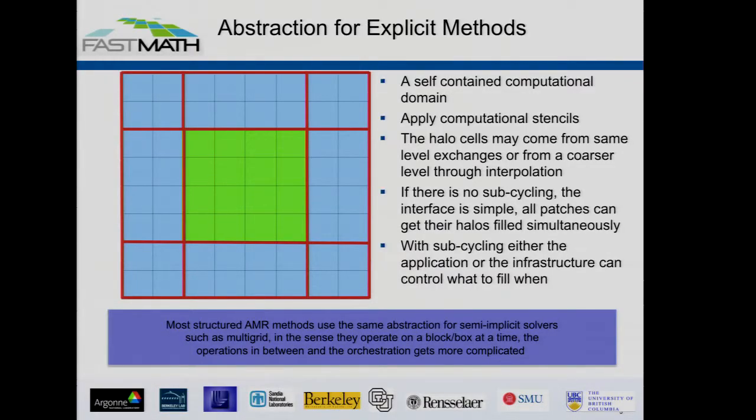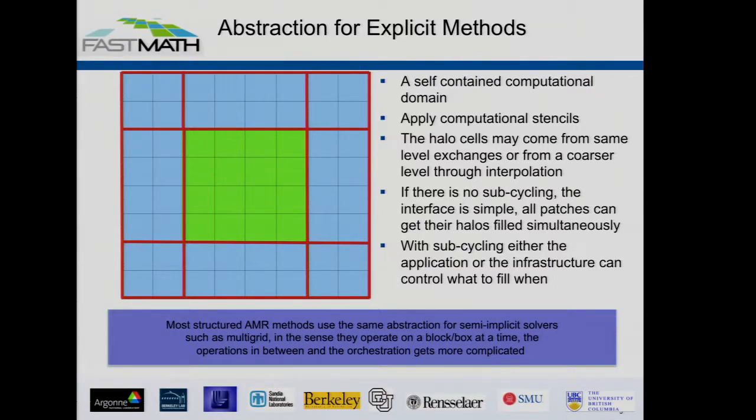The basic abstraction that the structured AMR grids work with is that of a block. In this block, the green region is where what we call the active cells are, and the blue region is what are the halo of guard cells or ghost cells. The terminology varies from package to package.